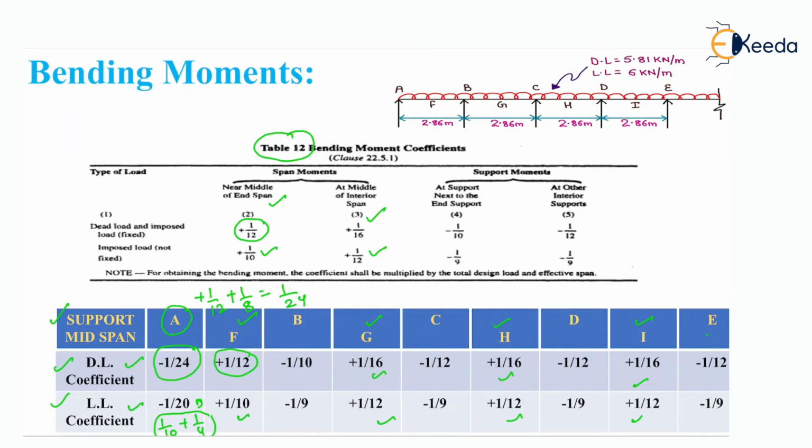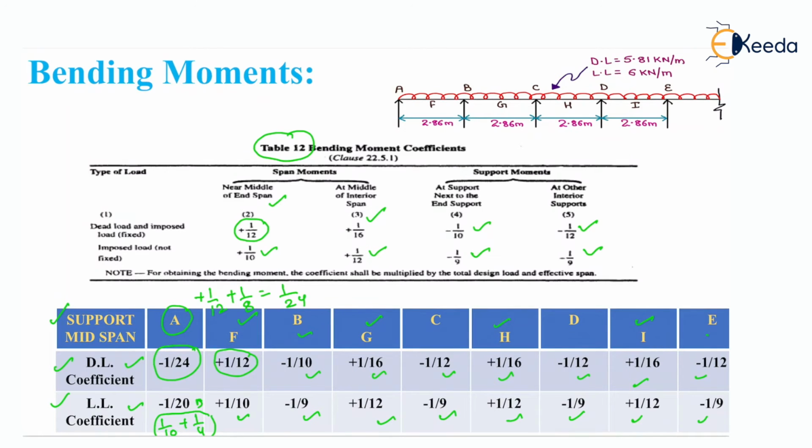The dead load coefficient for support B will be taken as minus 1 by 10 and supports C, D and E are taken as minus 1 by 12. And the live load coefficient for support B will be taken as minus 1 by 9 and supports C, D and E are taken as minus 1 by 9.